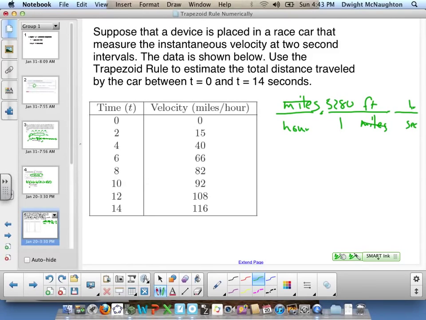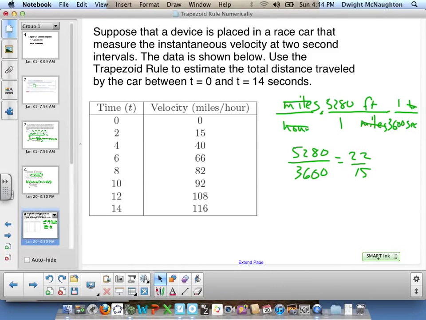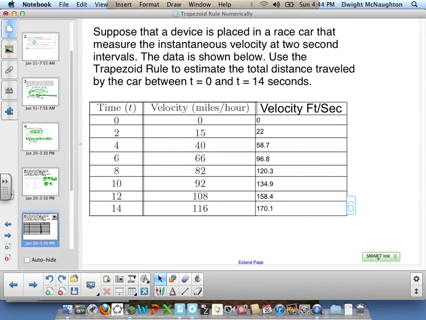Miles are gone. 1 hour is 60 squared seconds, 3,600 seconds. So we're going to multiply by 5,280 over 3,600, and that'll convert us to feet per second. Now I've done this ahead of time just so we don't have to spend a whole bunch of time doing a bunch of calculations. This reduces to 22 over 15. So we're going to multiply by 22 over 15, all those numbers. Voila! You didn't know that I was that fast, did you?